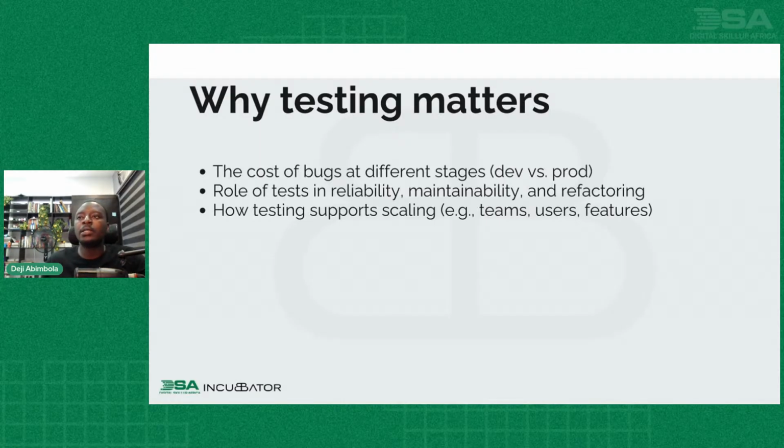So testing, I mean, maybe we should define what testing is first of all. Testing is probably an activity that you carry out to ensure that something works as it is expected to. And testing doesn't just happen in software development alone.